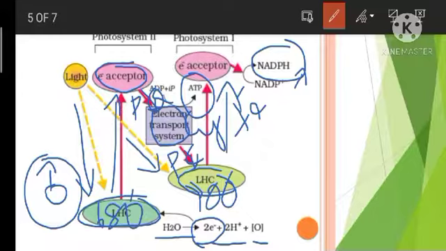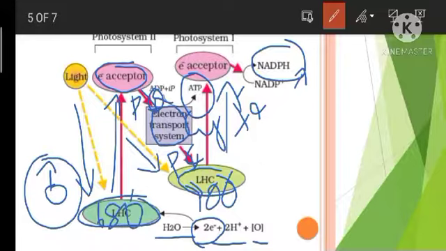It is just transported through the electron transport system and is utilized by the NADP to get reduced to NADPH, isn't it? It is not returned back to photosystem 2. So it is said to be non-cyclic photophosphorylation.